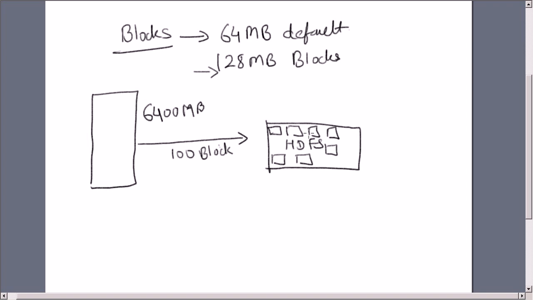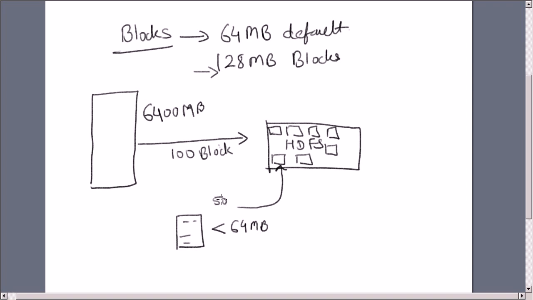So this is the block of the HDFS file system. Suppose you assume your file is smaller than 64 MB. Then what happens? Will it occupy the full block of 64 MB?